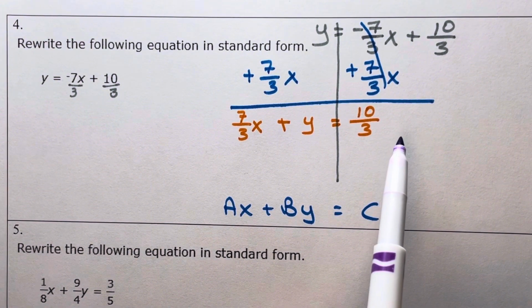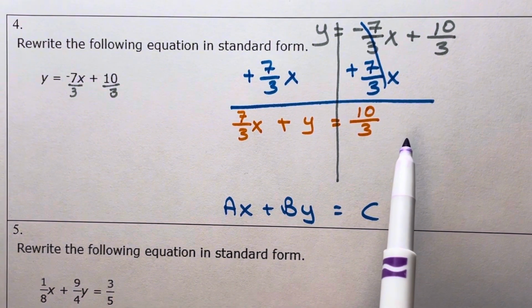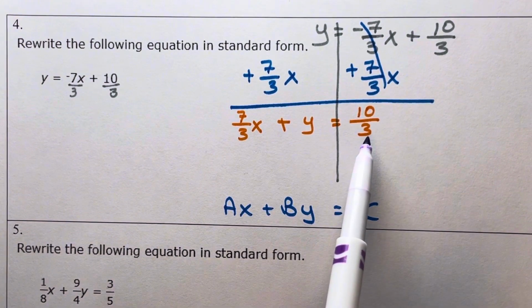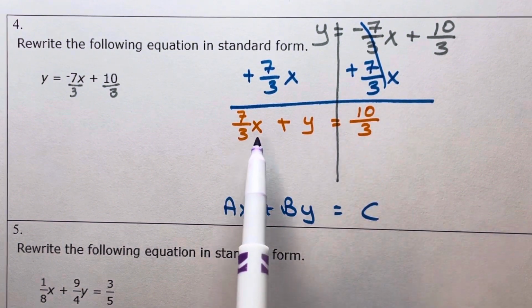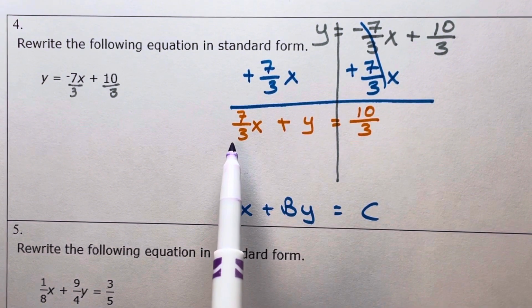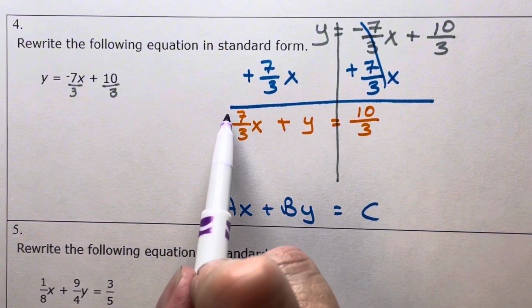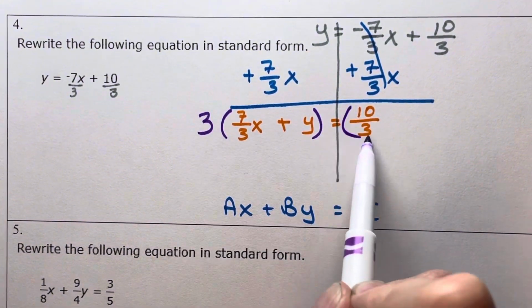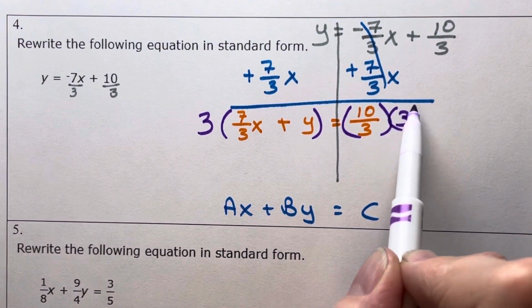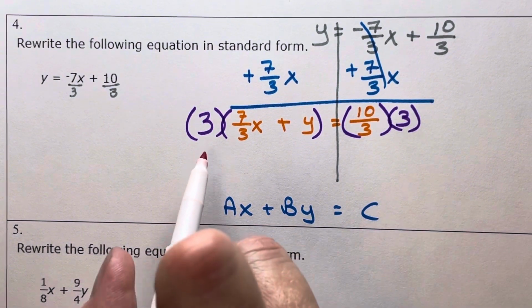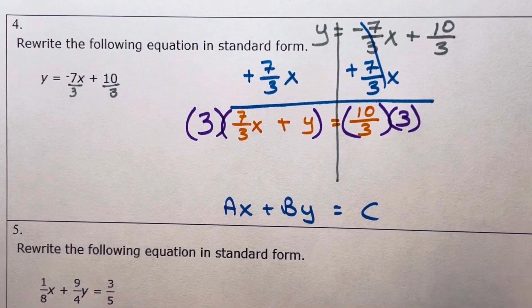So to get rid of the fraction, you are going to look at what's happening with the denominators. Well, these denominators are the same, which is great. That makes it easy. We are going to multiply every term by what the denominator is. This is going to cancel out our fractions, making this an agreeable standard form.